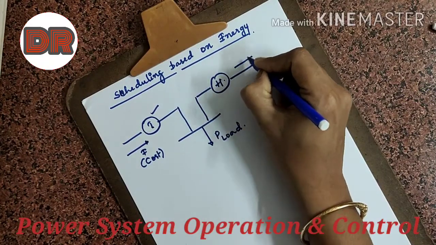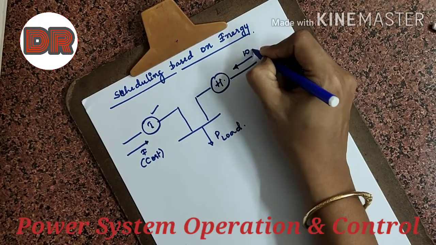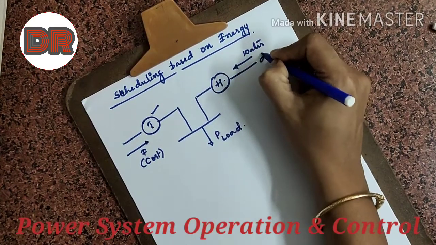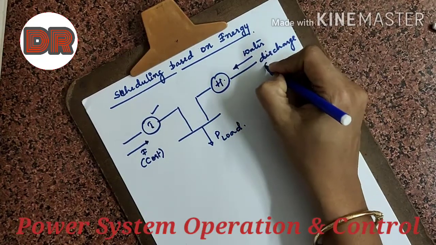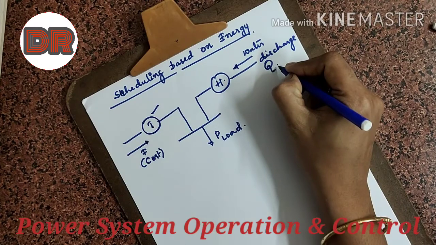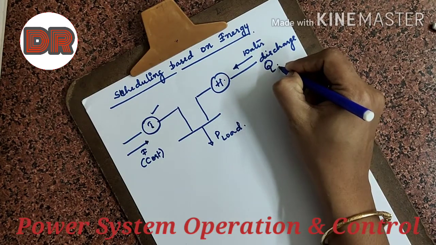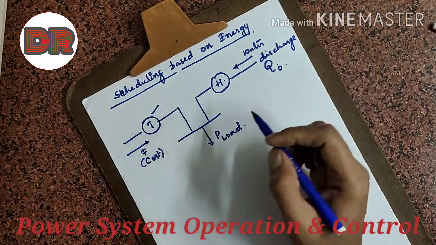The constraint for this hydro plant is nothing but the water discharge. We have seen the water discharge can be given as Q, or in some textbooks the notation is Q naught. So water discharge is the main constraint.